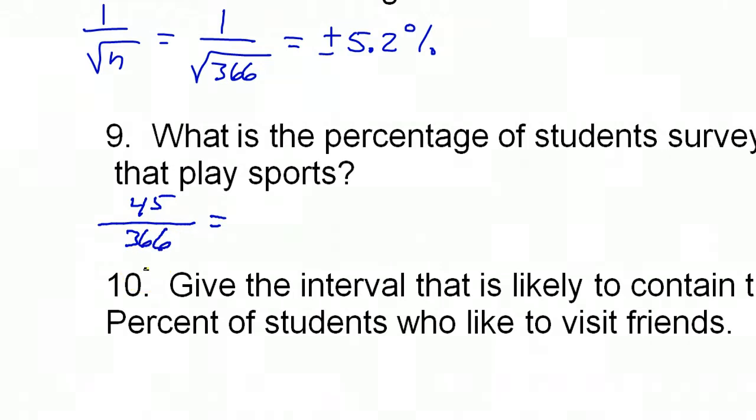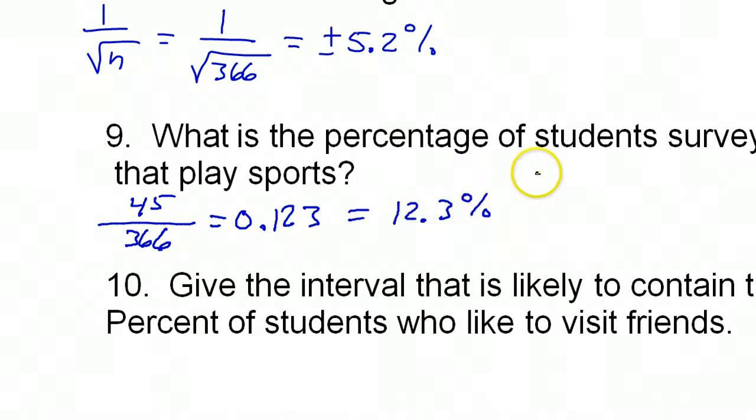Okay, so it's 45 divided by 366. That gives you 0.123, which is 12.3%. So that's the percentage of students surveyed that play sports.